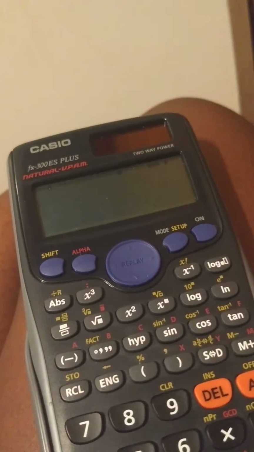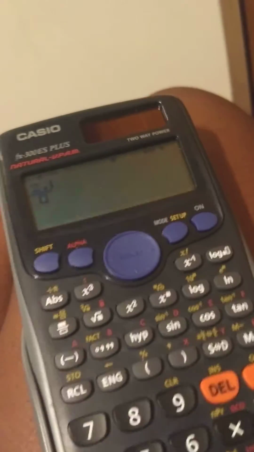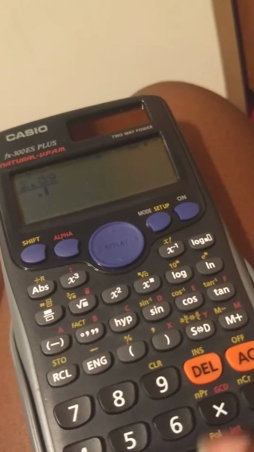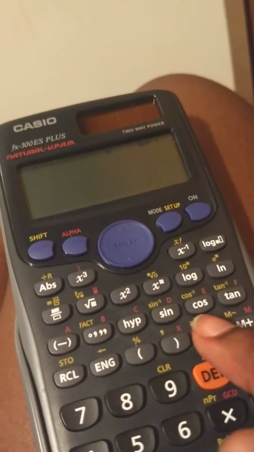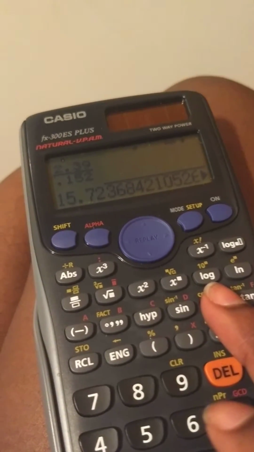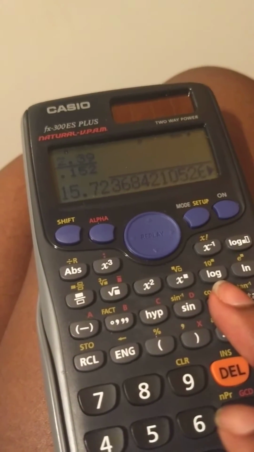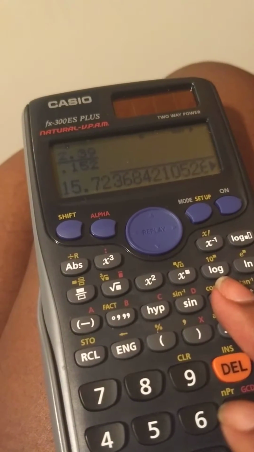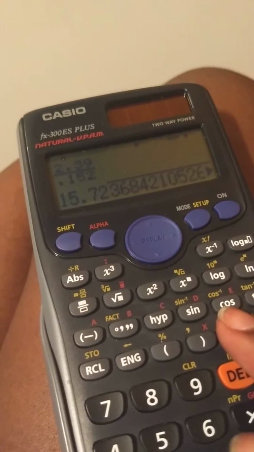The goal is to end up with 0.364 molarity. Okay, so 2.39 over 0.152. Crossing fingers. Ooh, that's not right. Well, okay. Let's go back and see what we did wrong.